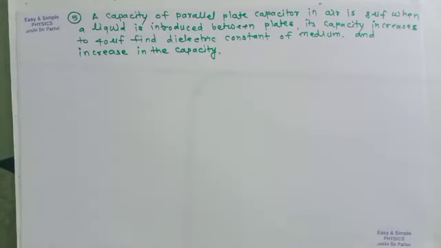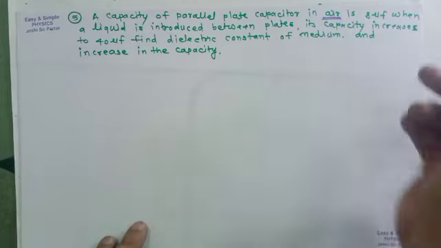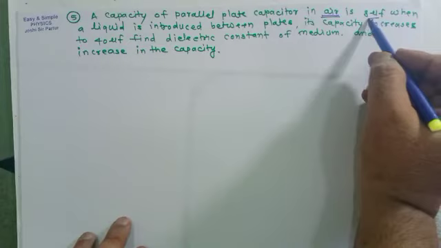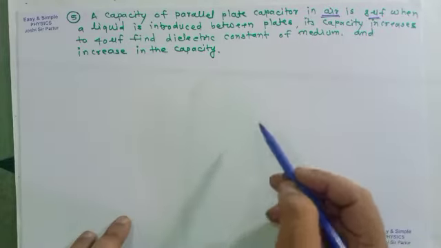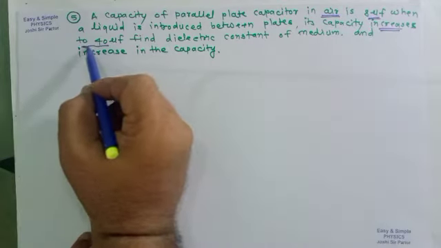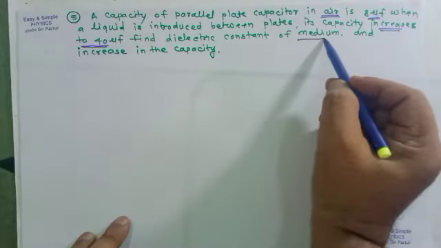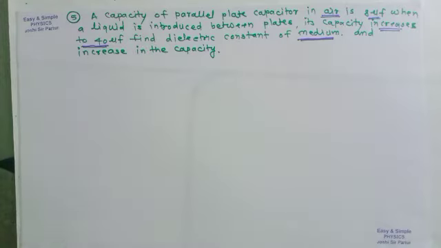Similarly, the capacity of a parallel plate condenser or capacitor in air, where dielectric constant K is 1, is 8 microfarad. When liquid is introduced between the plates, its capacity increases and becomes 40 microfarad. Find the dielectric constant for the medium and the increase in capacity.